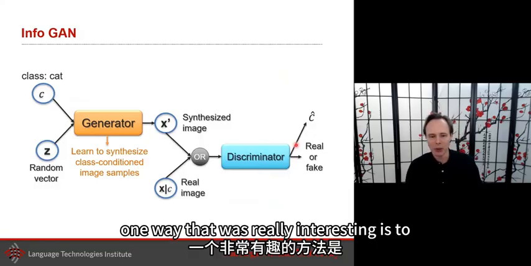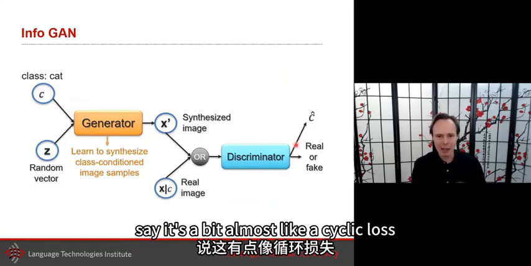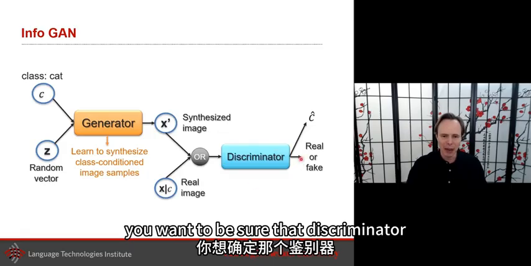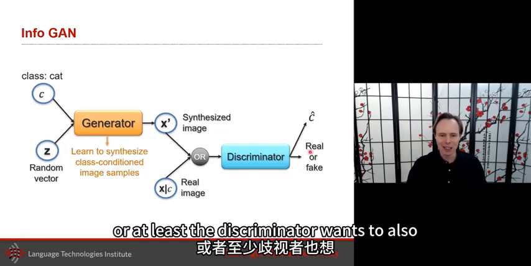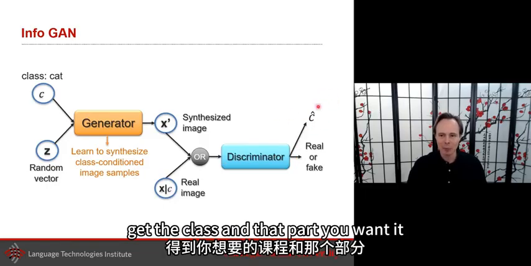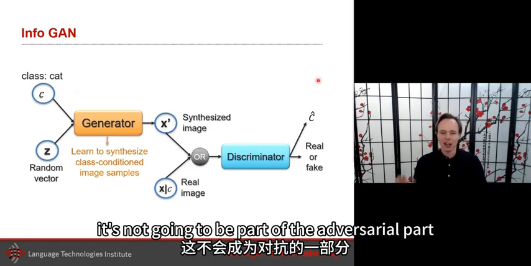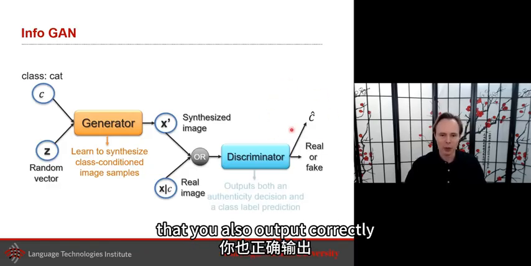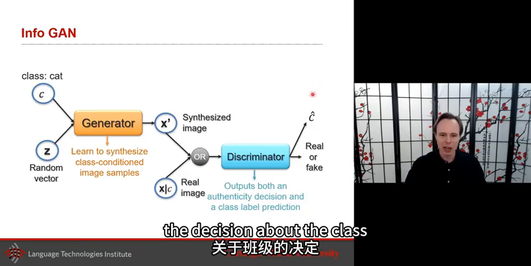One way that was really interesting is almost like a cyclic loss. You want to be sure that the discriminator also gets the class, and that part is not going to be part of the adversarial part. You want to be sure that you also output correctly the decision about the class.